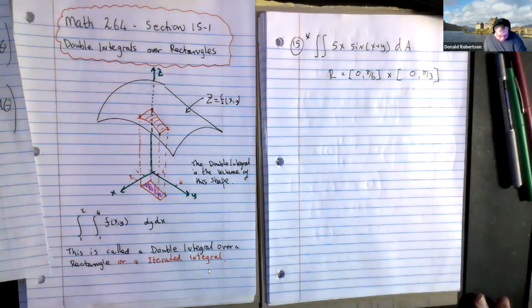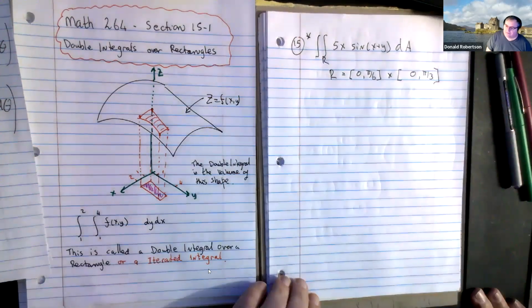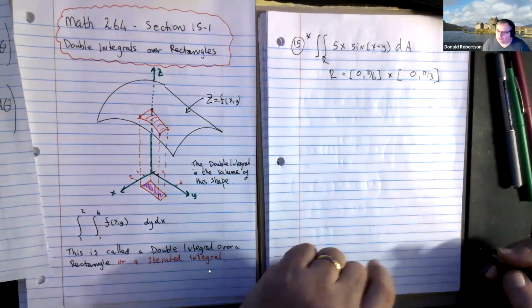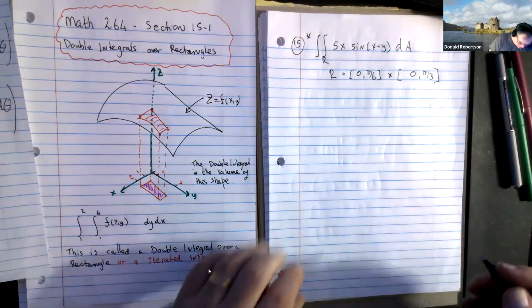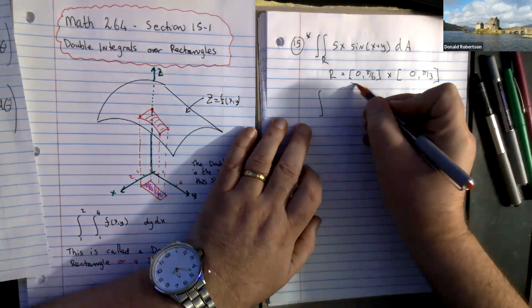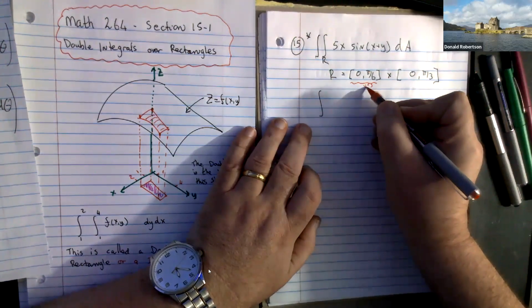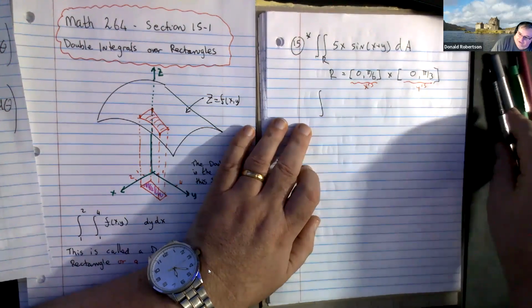Okay, so we're going to do a double integral over some region R, and this is the region R. Now I need to know the limits of integration of X and the limits of integration of Y. The convention is that this guy is the X's and that this guy is the Y's. That's the convention, right?